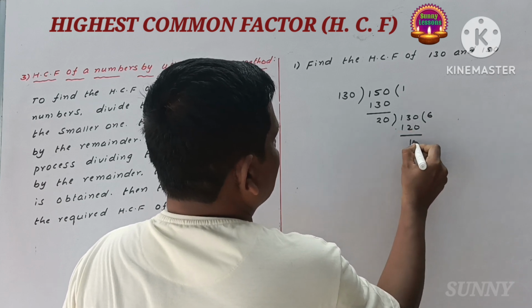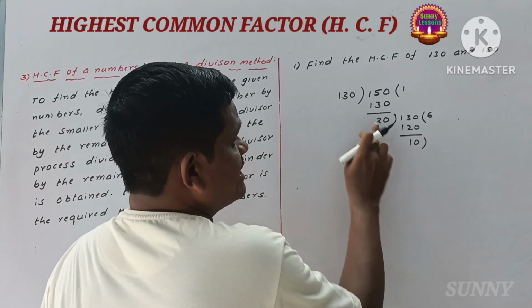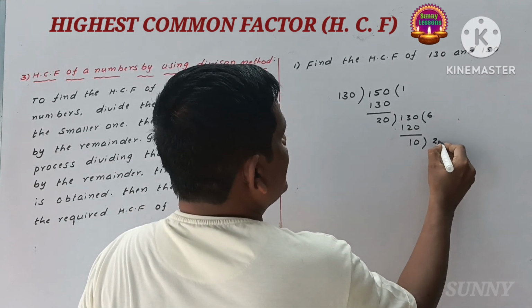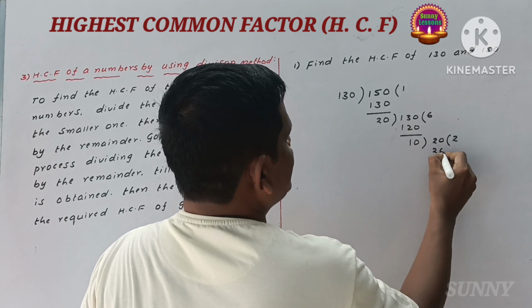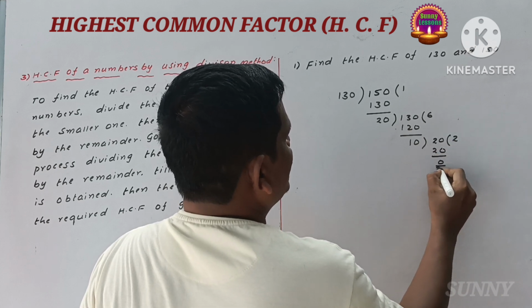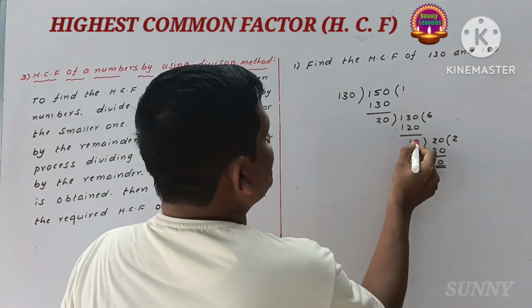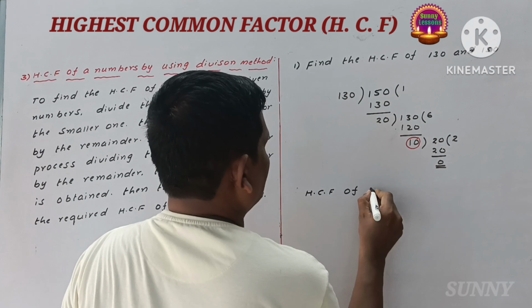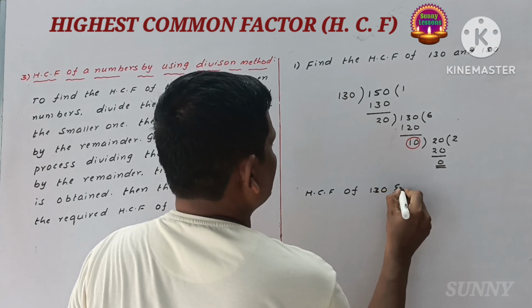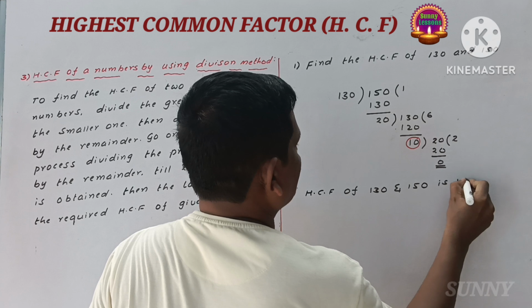Here the remainder is 10. Here we should divide the divisor with the remainder 10. 10 twos are 20. Here the remainder is 0. So the last divisor is the HCF of the given numbers. So the HCF of 130 and 150 is 10.